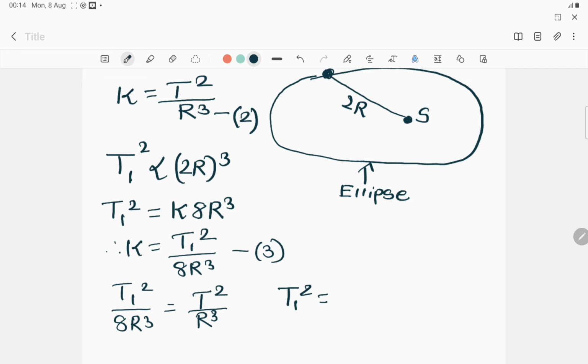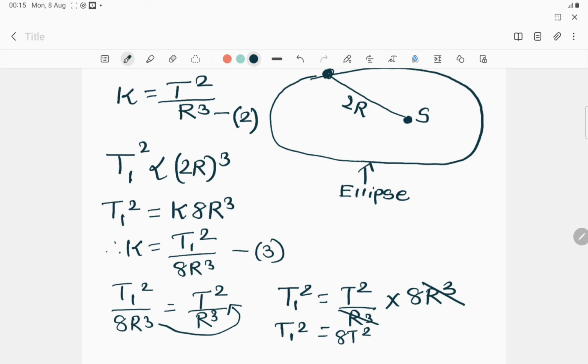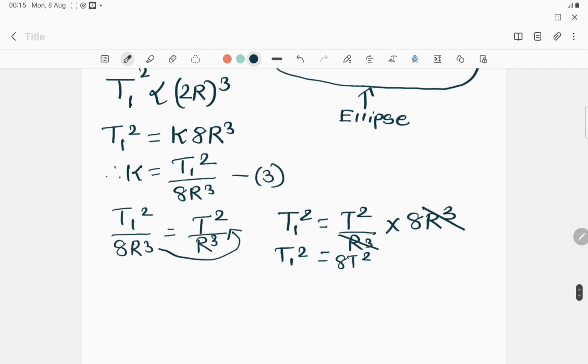Taking 8r cube to the other side, t1 square will be t square upon r cube into 8r cube. The r cube will cancel, and it will give me 8 times t square, that is t1 square. Now this is the square of the period of revolution, and t1 is the new time period.